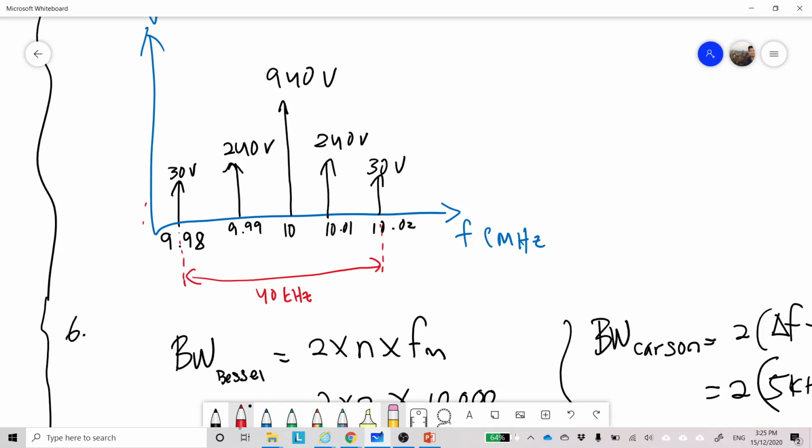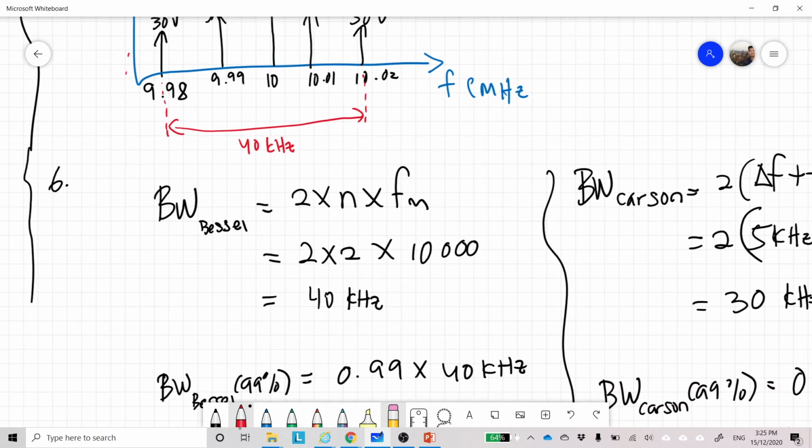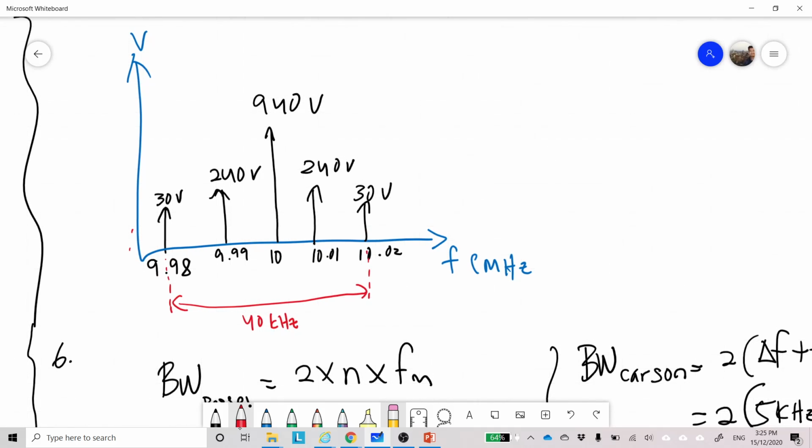Okay, dan 99% is only 39.6, which is around here. Okay, 39.6.